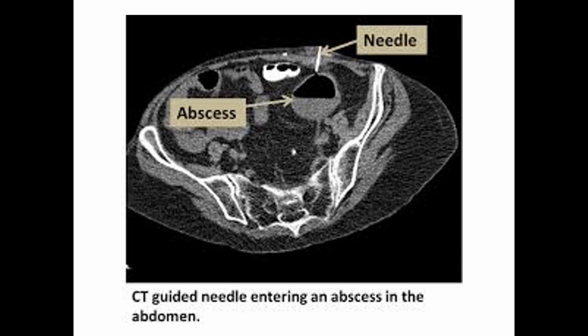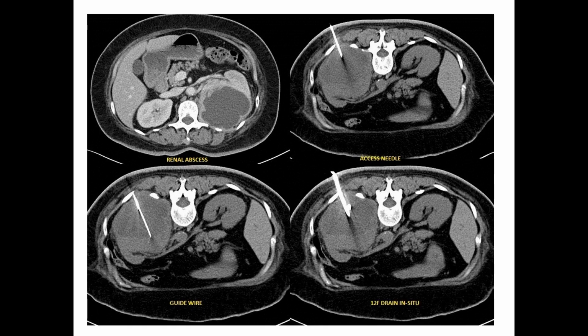This is the CT-guided needle entering the abscess cavity, followed by aspiration and putting a nephrostomy tube inside, especially when it is a big abscess. Always leave a nephrostomy tube there. The top picture on your screen is a CT scan of a big abscess in the left kidney, and the patient has been put in the prone position.